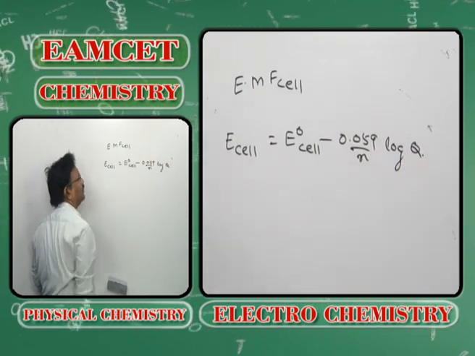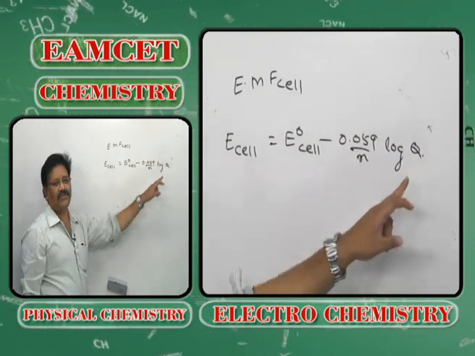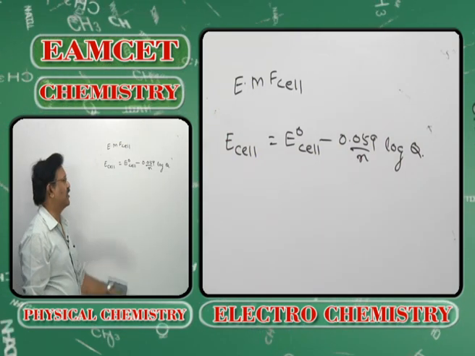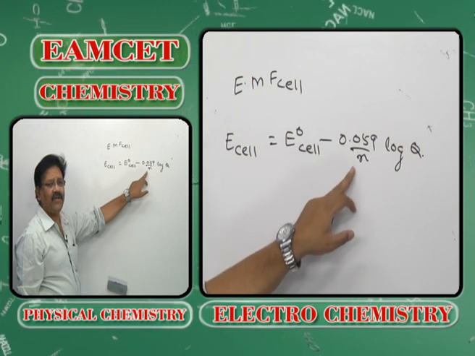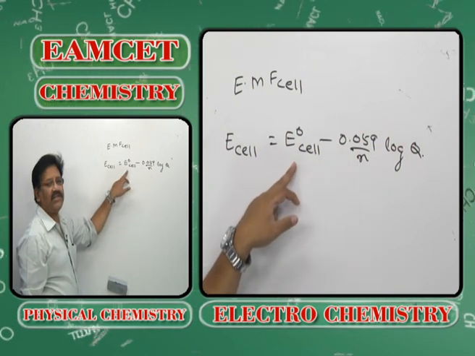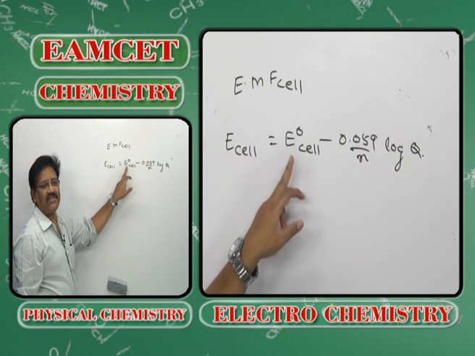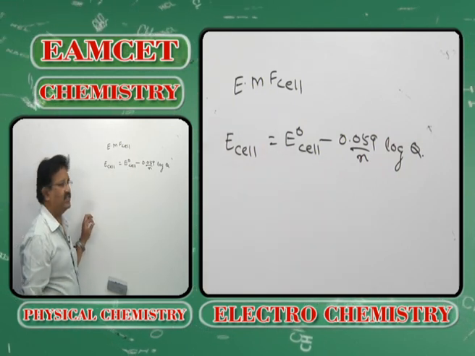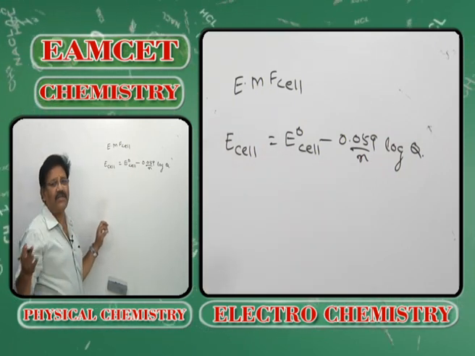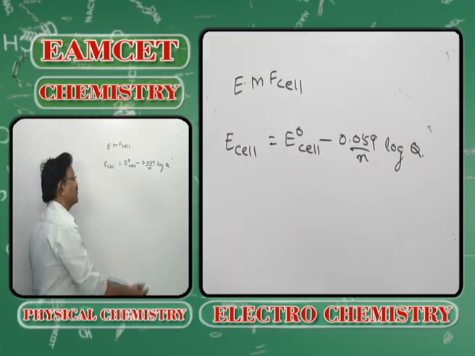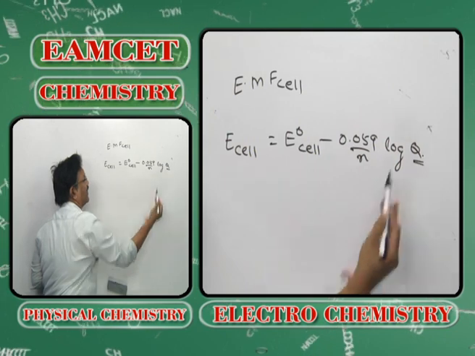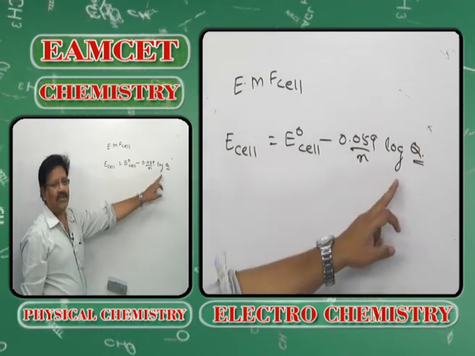Nothing but the reaction quotient. What is n? Number of electrons involved. What is E naught cell? EMF of the cell at standard conditions, that is E naught of the cathode minus E naught of the anode. So, how quickly we can write the Q depends on the cell notation.